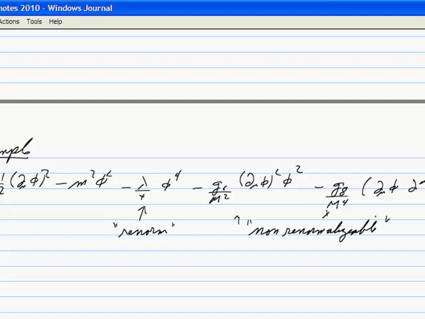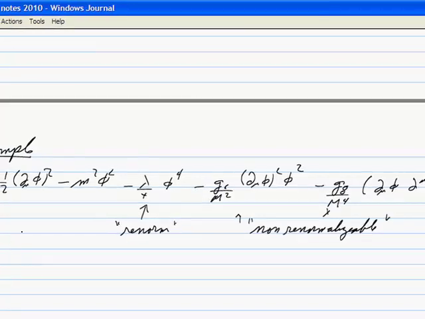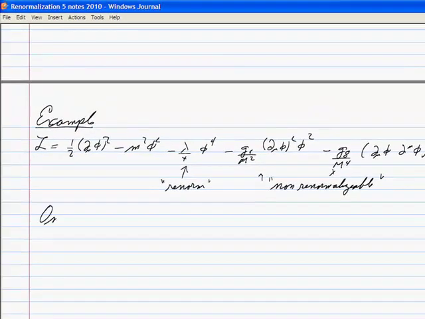Okay. So now let's just do some loop processes. So let's do one loop diagrams.